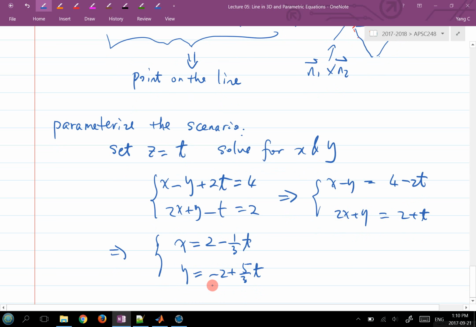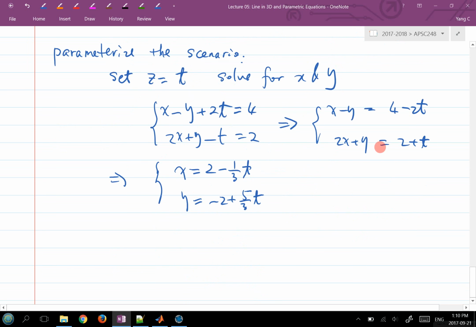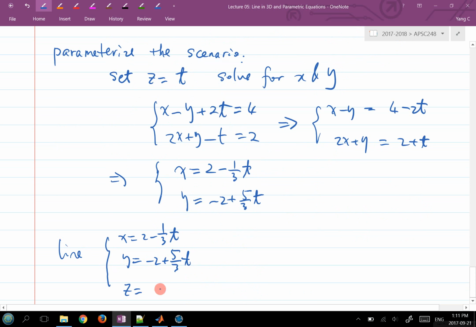Now, you end up with two expressions for x and y that are completely in terms of this parameter t. So group back with z equal to t. That's basically your line equation.